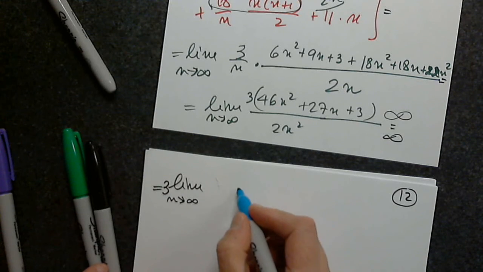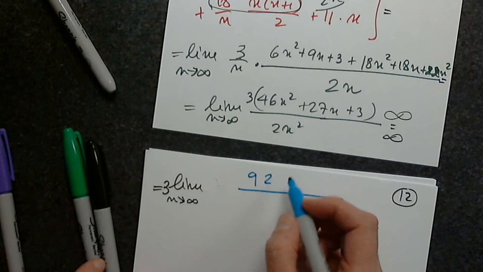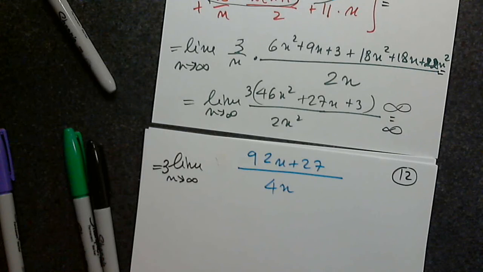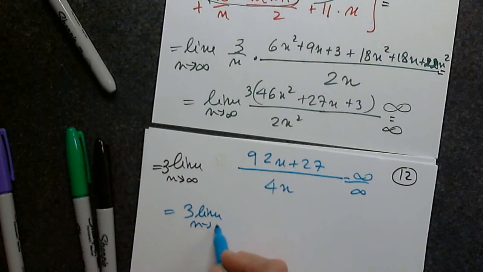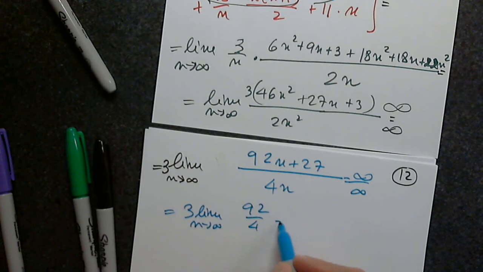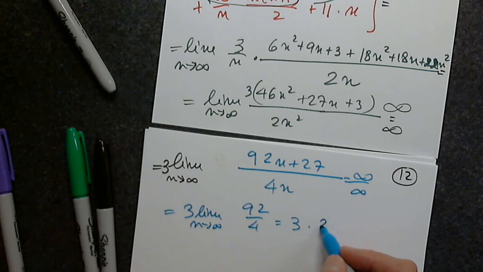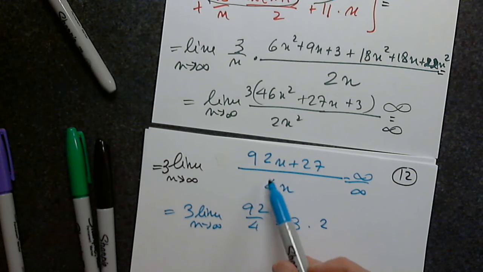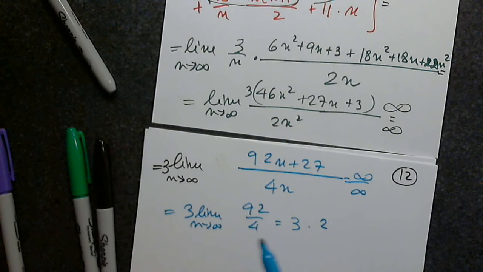Okay, so I differentiate this and I get 92n plus 27 over 4n. Again, it's infinity over infinity. So 3 times the limit as n approaches infinity of 92 over 4, which is, when I simplify by 4, I get, no, I can't simplify by 4. Okay, 46 divided by 2.